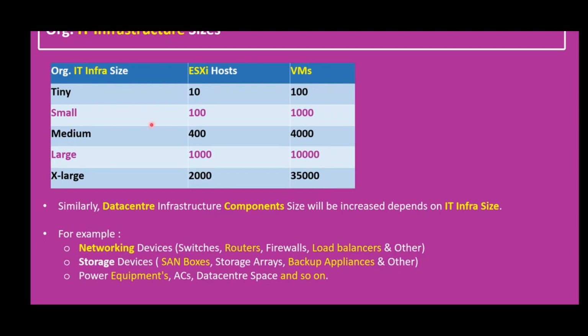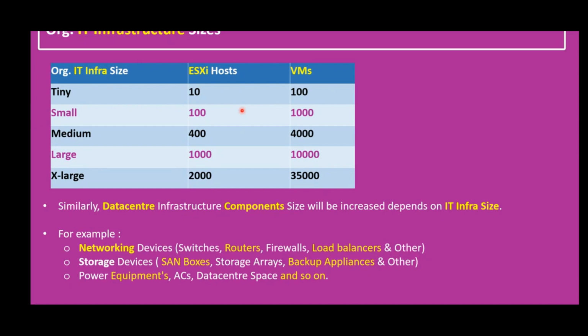A similar case is applicable for tiny, small and medium, but the manpower is very much less. In tiny, small, medium, large and X large, based on the infrastructure size, our manpower will be increased. Normally, roughly how the infrastructure managers will consider is if you have 100 ESX hosts, that means we need a minimum of two resources. That means two vSphere administrators are needed. One administrator can manage 50 ESXi hosts and another administrator the remaining 50.